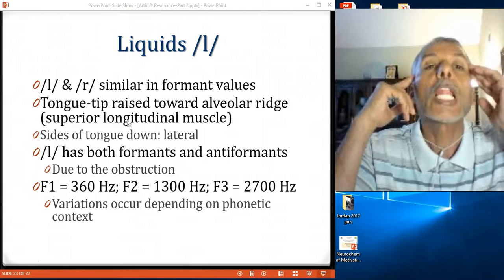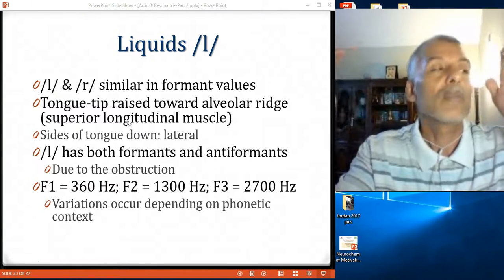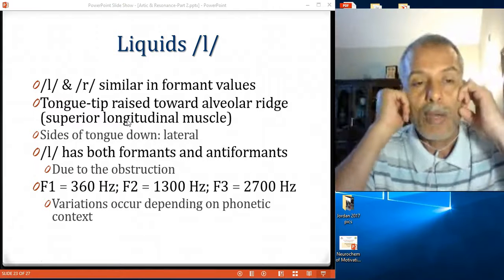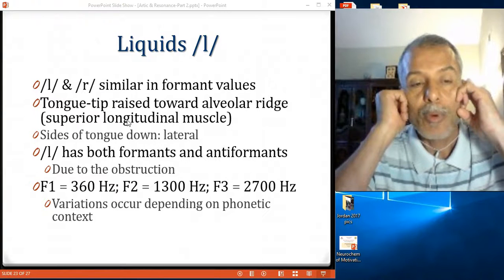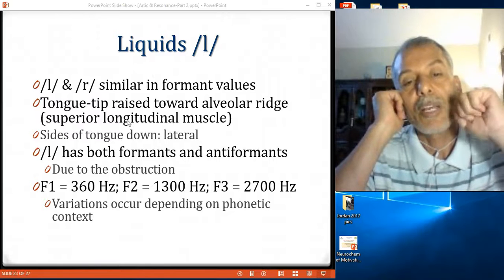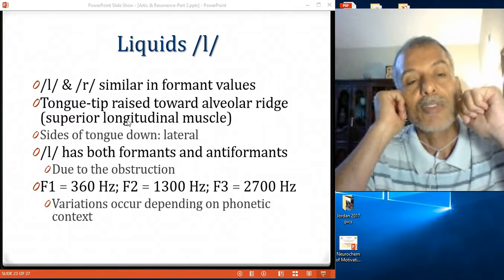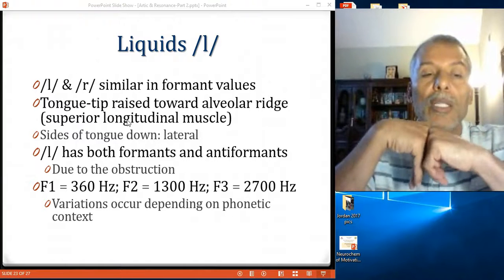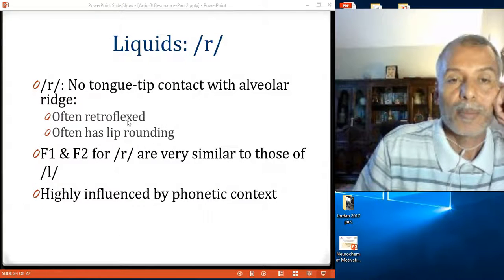So you say L, and the air hits and then goes around. F1 for L is about 360, F2 is around 1300, and F3 is about 2700. Again, variations do occur depending on the phonetic context.